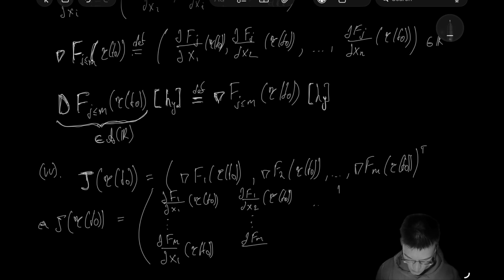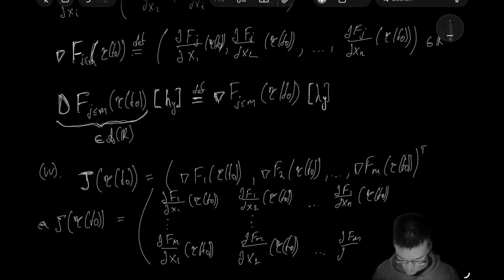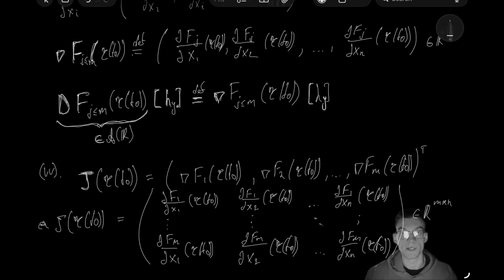Until f1 over xn, sorry, we have n variables, obviously. Again gamma of t0, until fm with respect to xn at gamma of t0. Nice, cool. So this is the matrix which belongs to the following m by n matrix space.